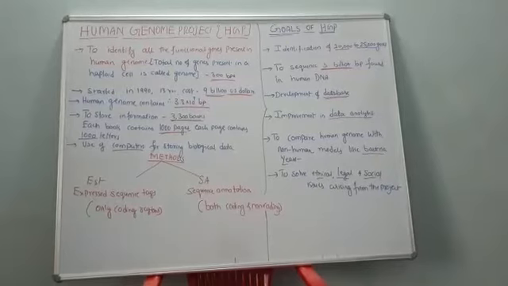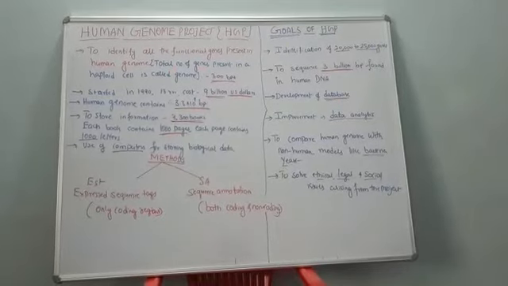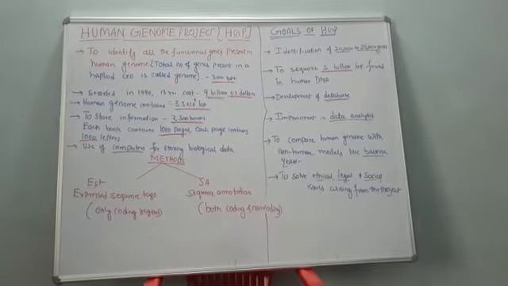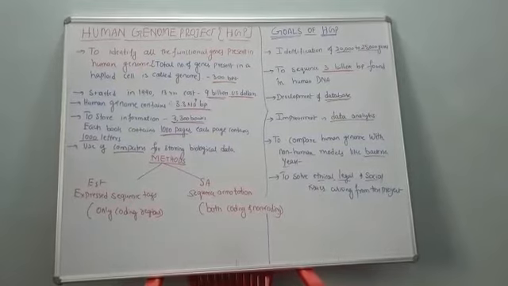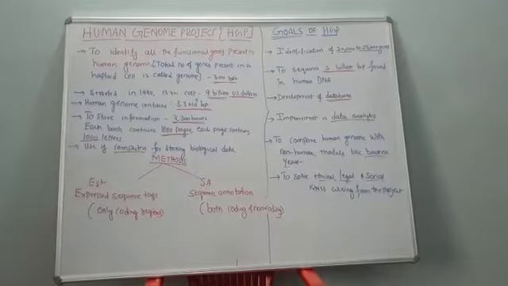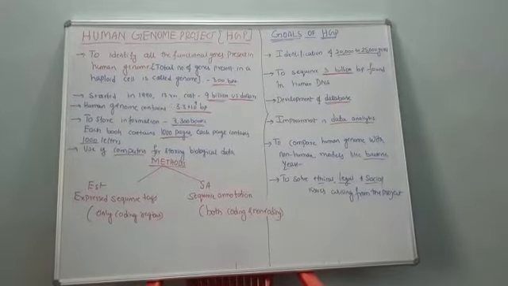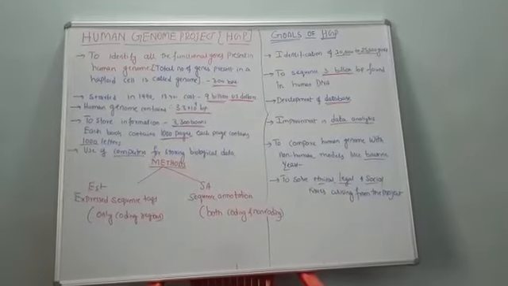Since DNA is made up of a number of nucleotides, a number of base pairs, the human genome project was aimed towards sequencing of the genome. That is the main goal. It was a mega project started with the aim of identifying all the functional genes present in the human genome.